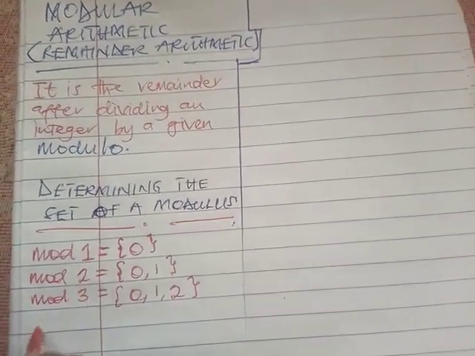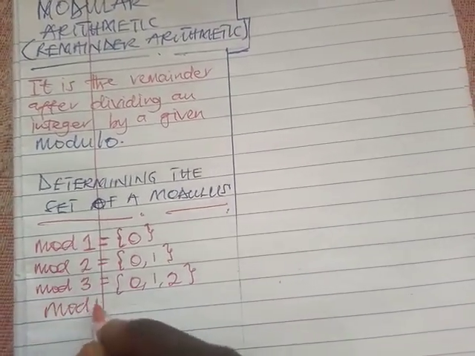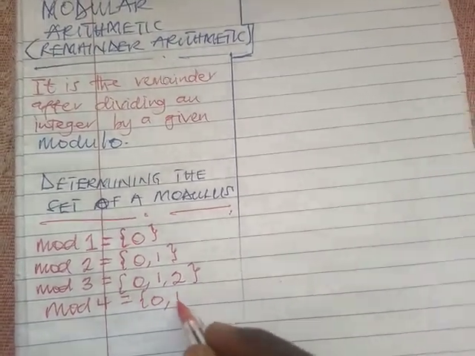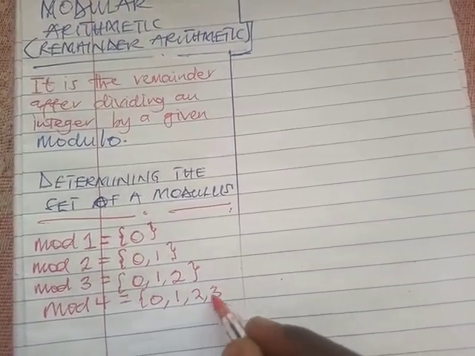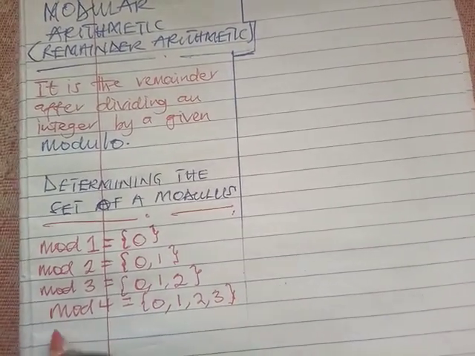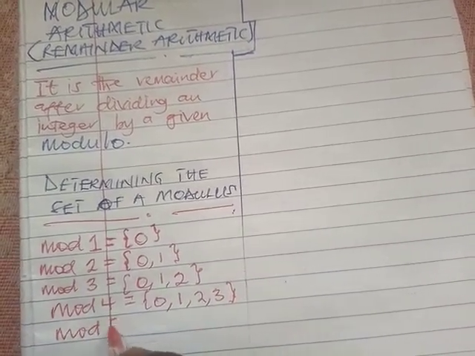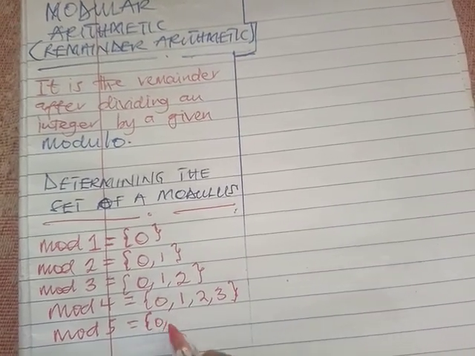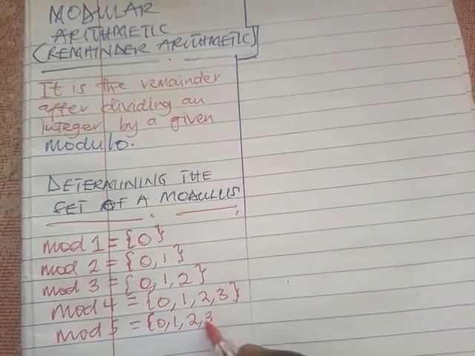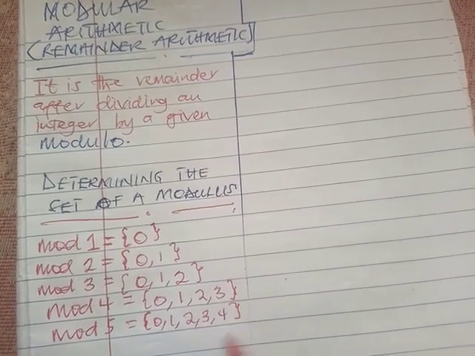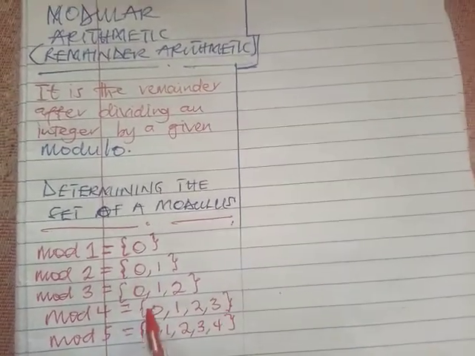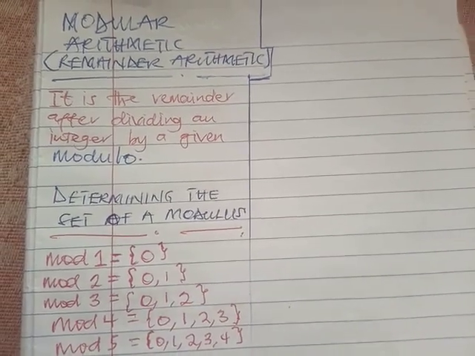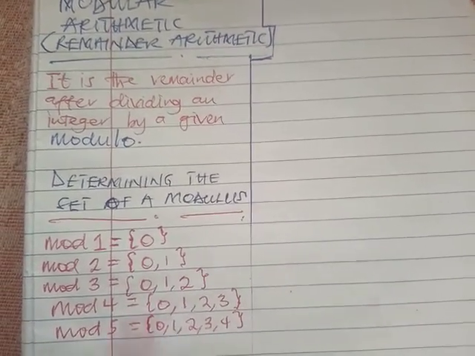So with this, mod 4 is going to be 0, 1, 2, and 3. And let's say mod 5 is also going to be 0, 1, 2, 3, and 4. So if you are given any problem, the answer you are going to get will always lie within this range.